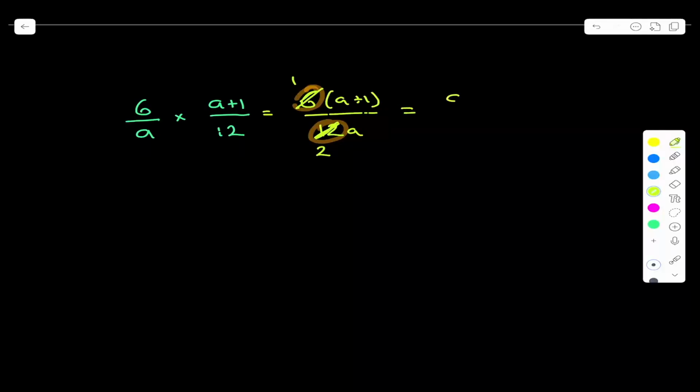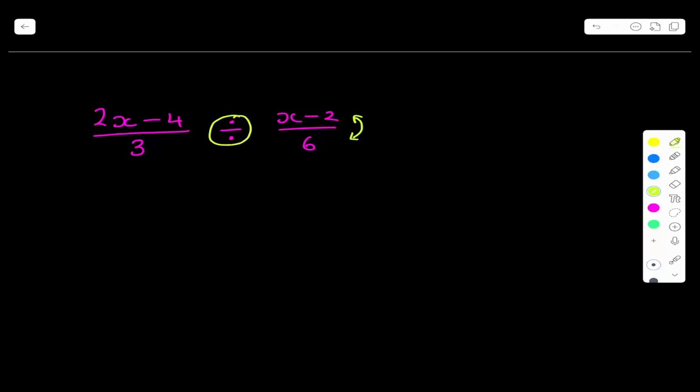So my numerator stays as a plus 1 and my denominator now is 2a. So good work if you got that, or if you understood what's going on there. What we'll do next is some division. So let's give that a go.